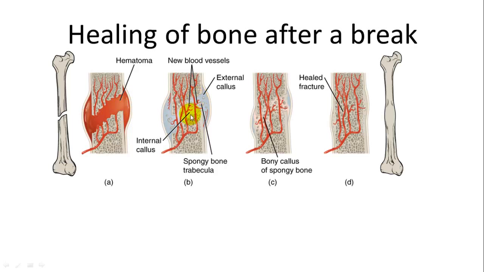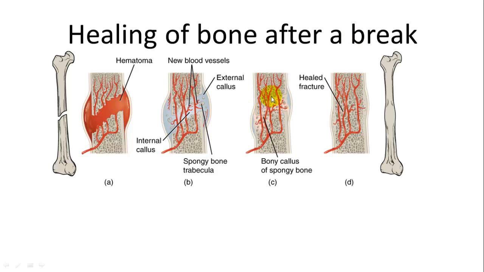And the first thing that's going to happen is your spongy bone is going to start forming essentially little ossification centers. Blood vessels are going to bring the nutrients to those to allow for growth to continue.